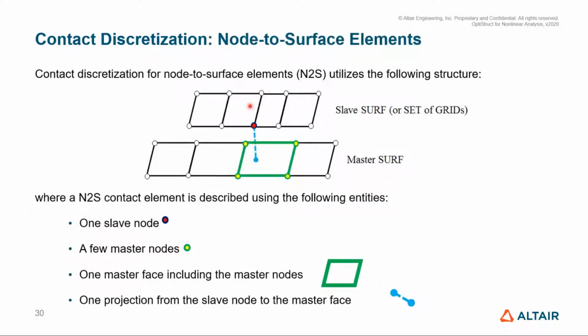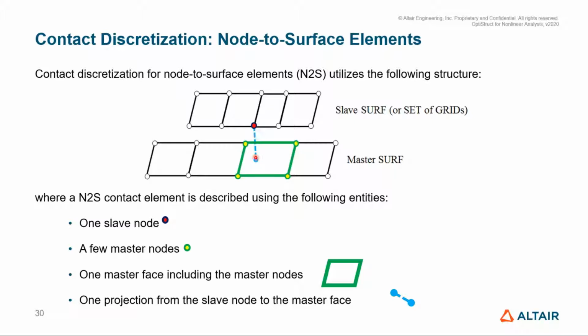So this is how we establish that contact. If you use node to surface, each node will project downwards to find the master surface. That's why it's called node to surface. Once it projects down, the projection length is also due to the search distance.